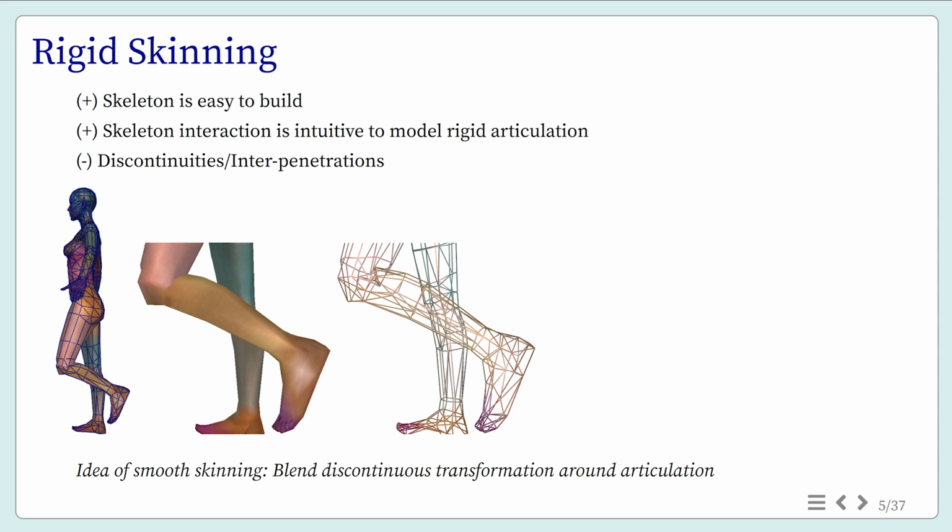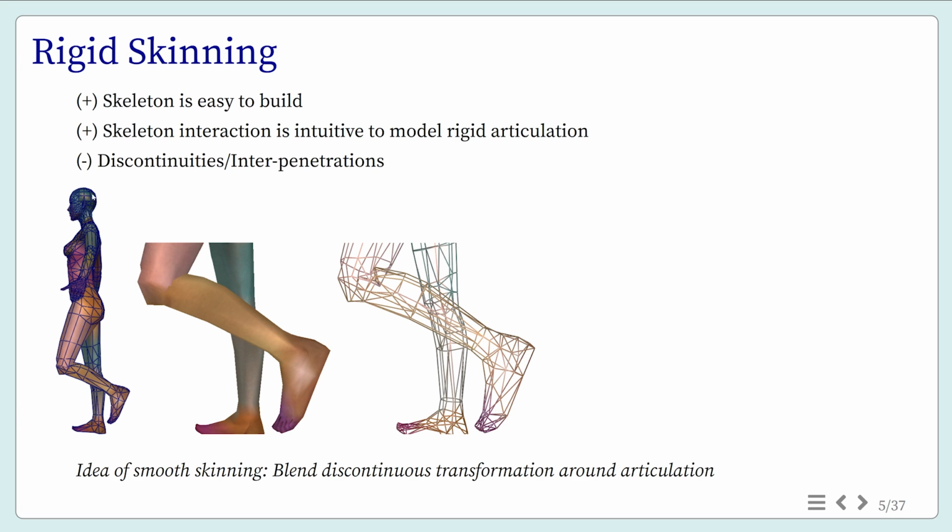Rigid skinning has the advantage of using this skeleton structure, which is very easy to build. And interacting with a skeleton is quite intuitive, actually, to model rigid articulation. But if we use rigid skinning directly, we will have discontinuities at the articulation and possibly collision of the mesh with itself.